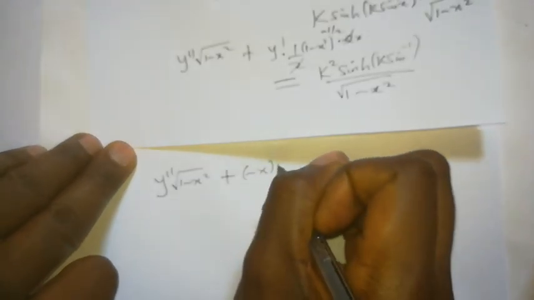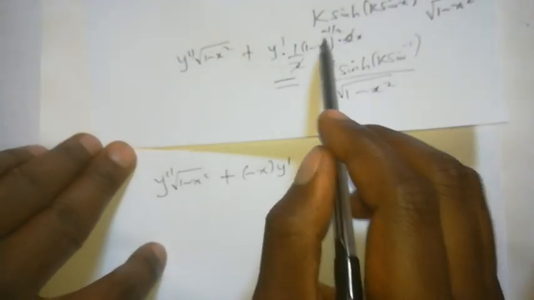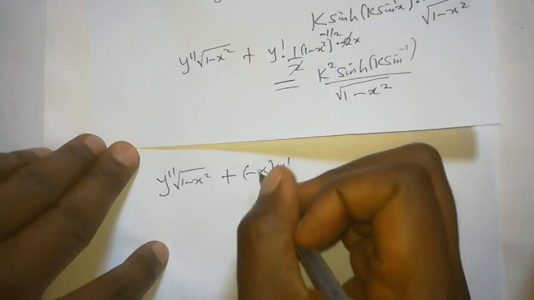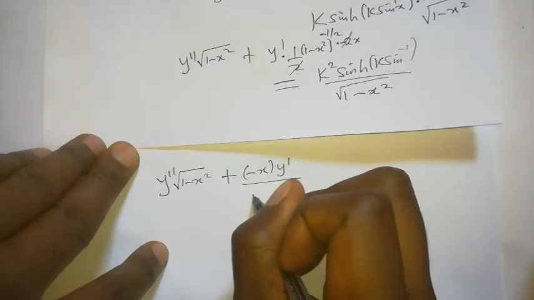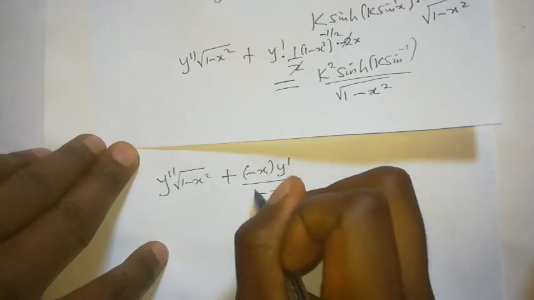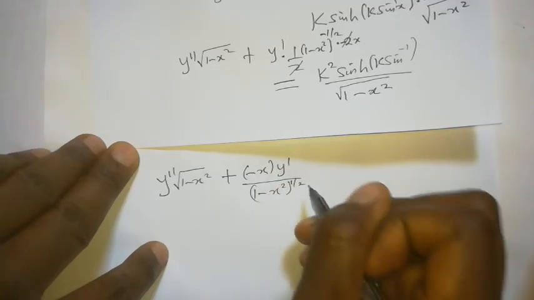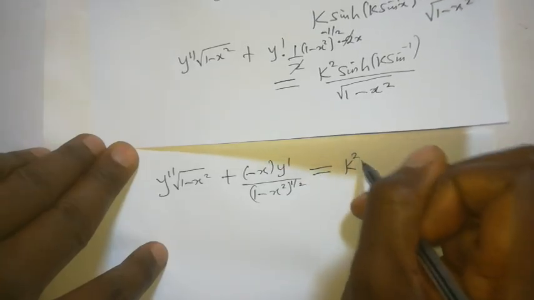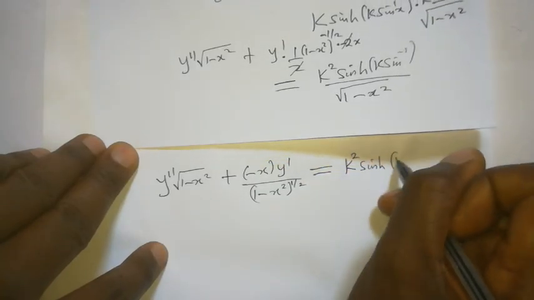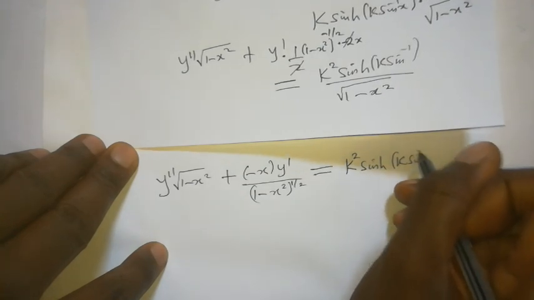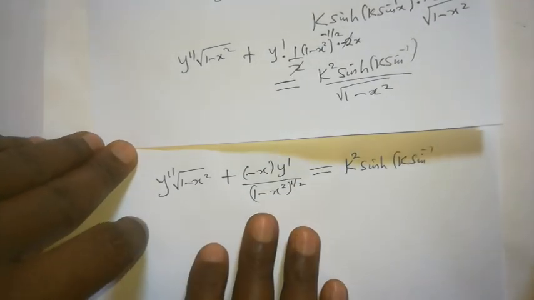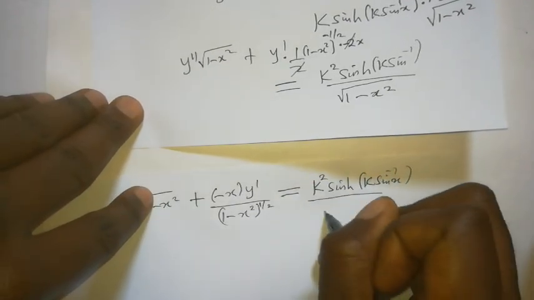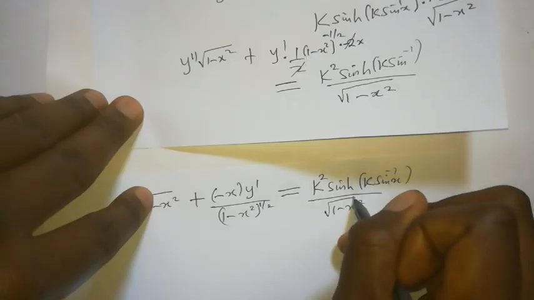Minus x y prime, and this 1 minus x squared we can take the reciprocal and it will come down, so we have 1 minus x squared everything to the power of half. You get it? Is equal to what? k squared sine k sine inverse of x all over square root of 1 minus x squared.